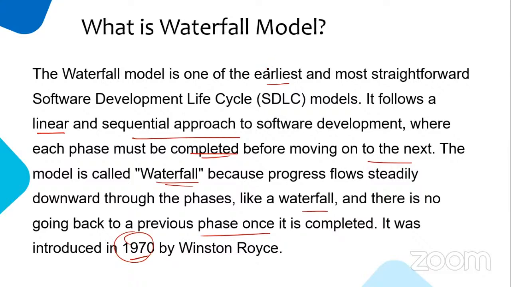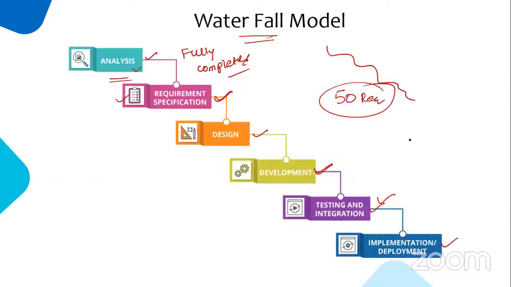Before that, when someone discusses the waterfall model, the first high priority answer you should mention is that each phase must be completed before moving on to the next. So without completing this, you can't go to the next one. One by one only you can do it. No parallel task. That is how it is followed in the waterfall model.